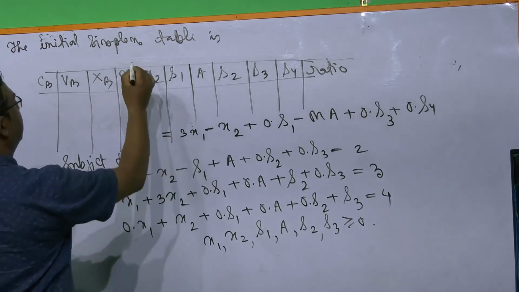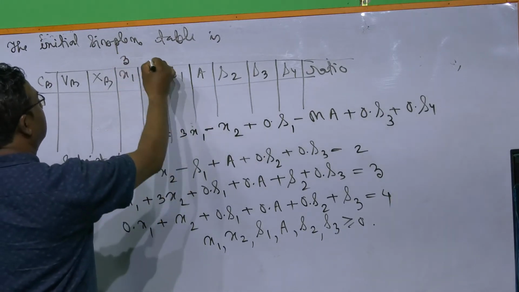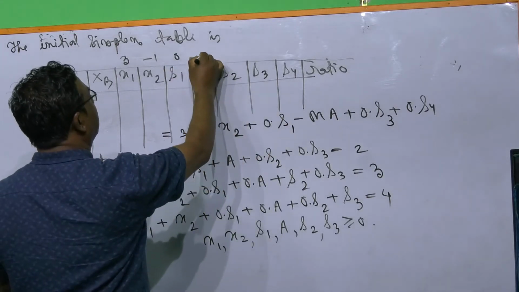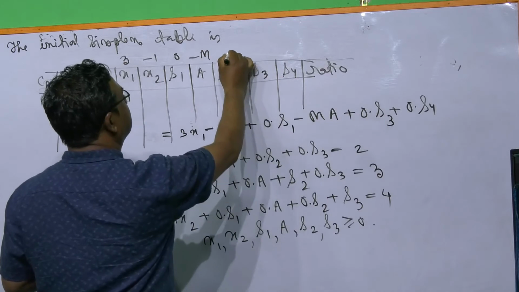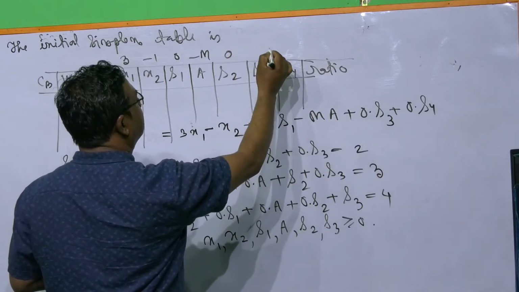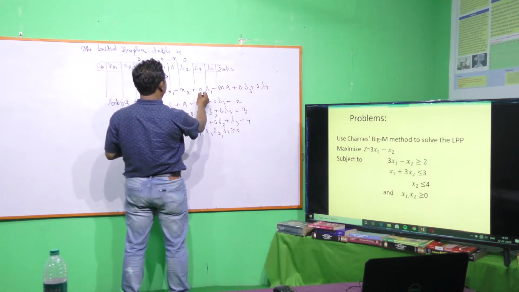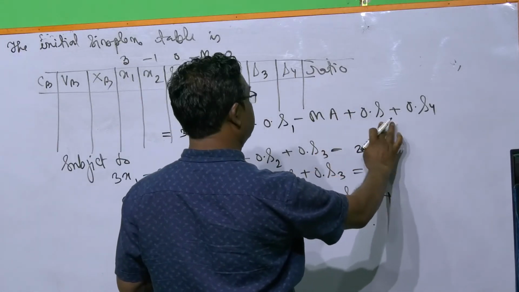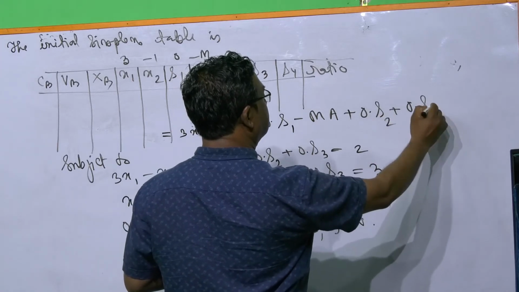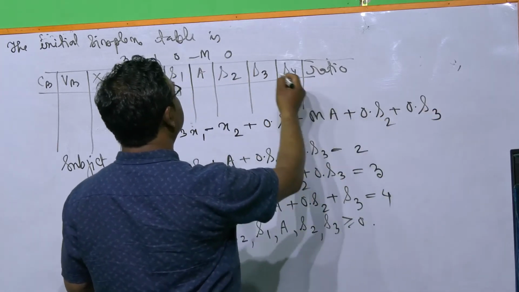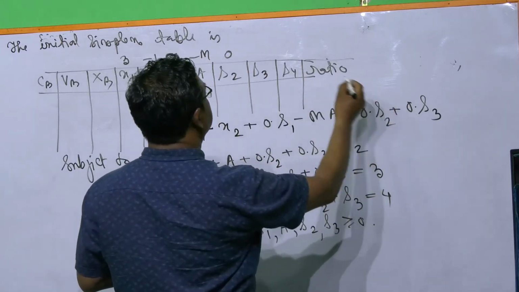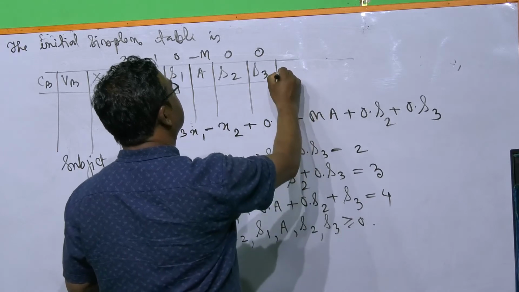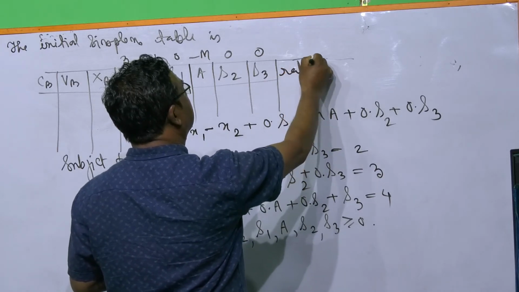So you put the cost coefficients here, 3, minus 1, 0, minus M, 0, 0 for x1, x2, s1, a, s2, s3, and the basic solution column with 2, 3, 4 and the ratio.